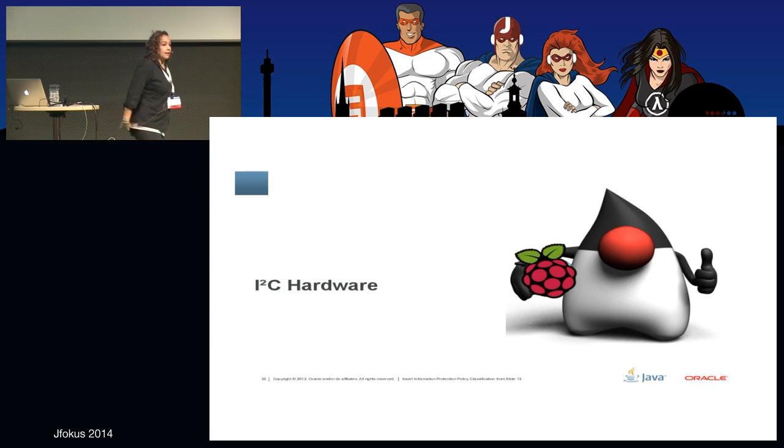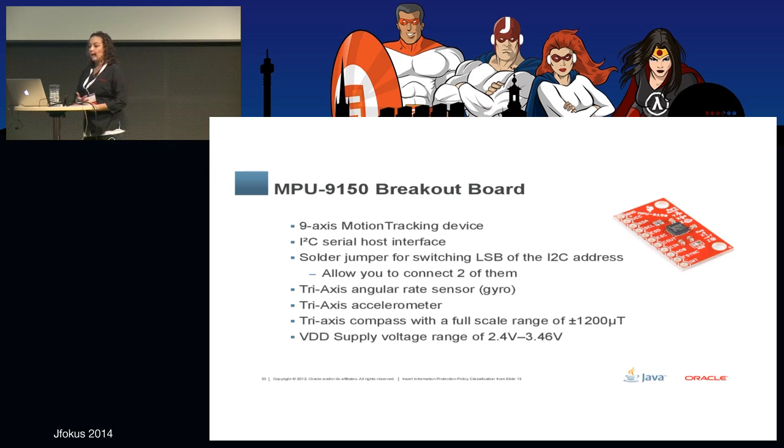So that's the chip that I use, the 9150, and again, it's a 9-axis motion tracking device. Maybe more information than I really needed, but okay, perfect. It has both I2C and SPI protocol support, so I go for the I2C.